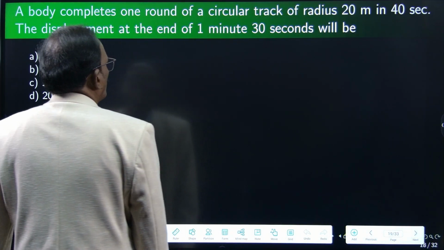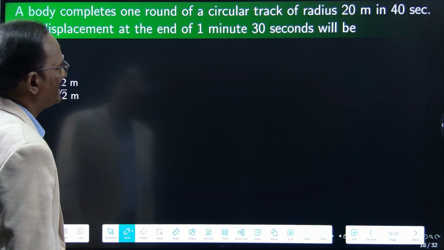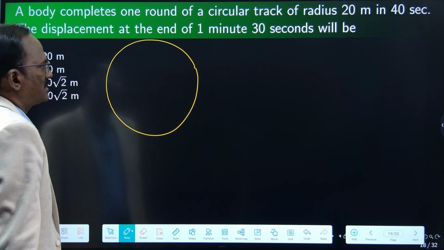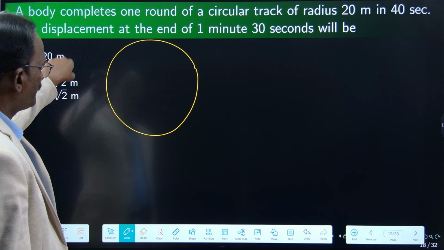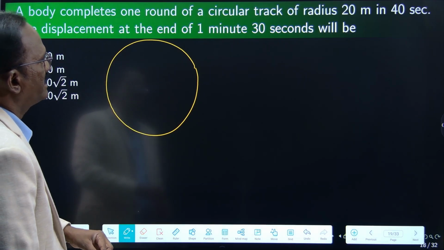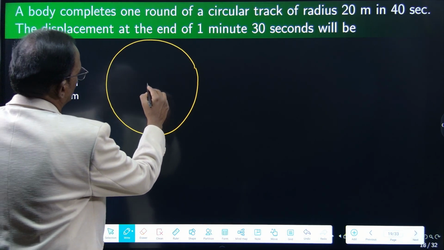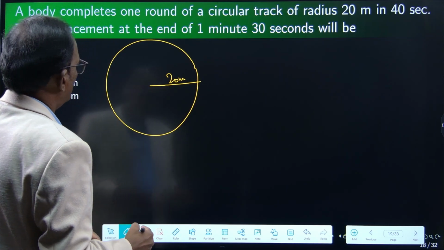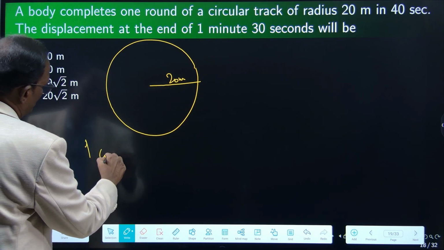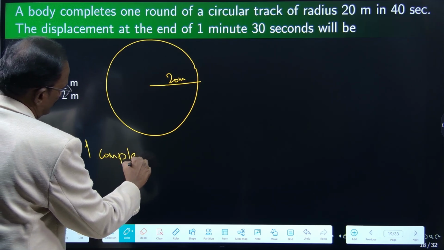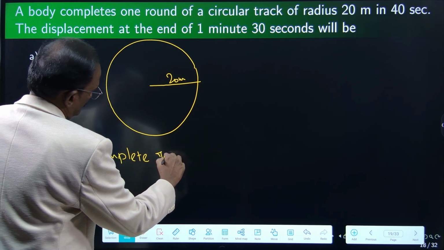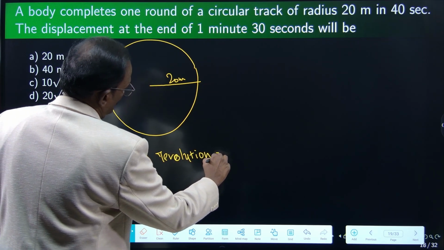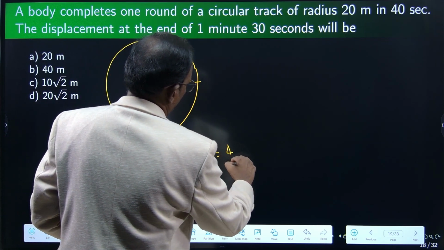A body completes one round of a circular track of radius 20 meter in 40 seconds. Yes, this is a circular track. For one complete revolution, the time taken is 40 seconds.